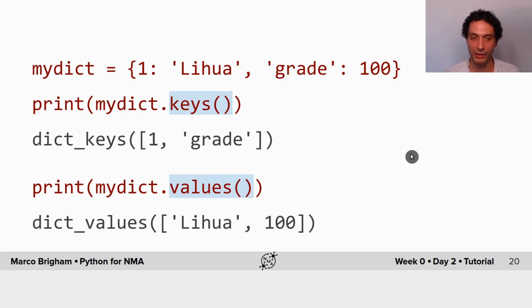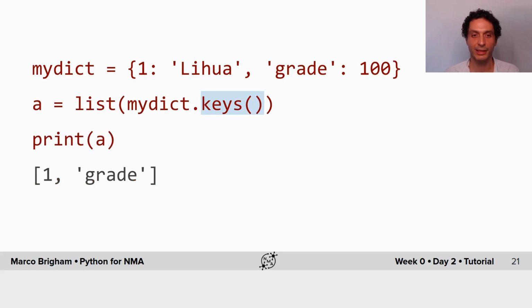We have a return that is different from a list, and in order to retrieve the list, we create a new variable that is made from, say, the keys of the dictionary. So when I use list here, I'm creating a list from my dictionary keys. Now if I print it, I have the list of the keys, 1 and grade.